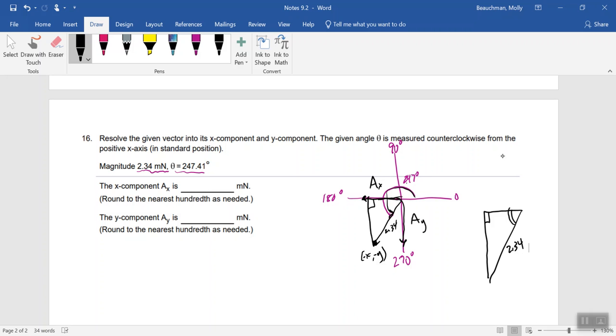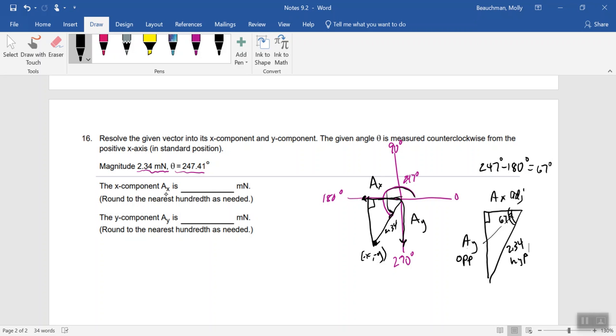So we take 247 minus 180 degrees, and that gives me, what, 67 degrees? So this angle is 67 degrees. So using that as my angle, and I'll label my sides, the side opposite 67 is the y component, the side adjacent is the x component, and I've got 2.34 as the hypotenuse.